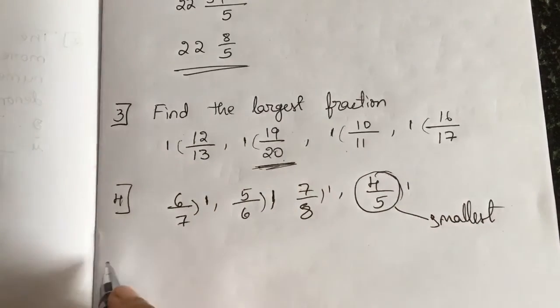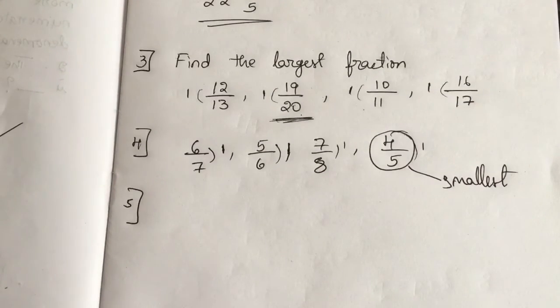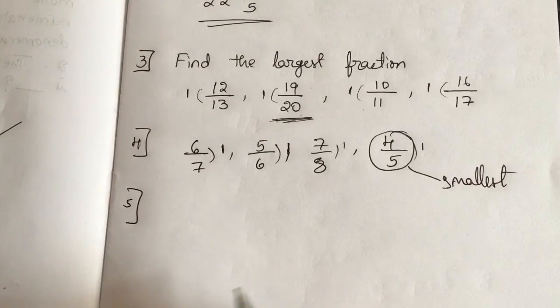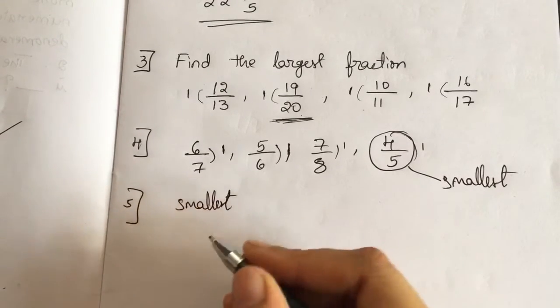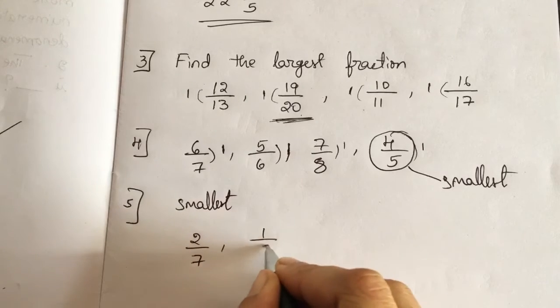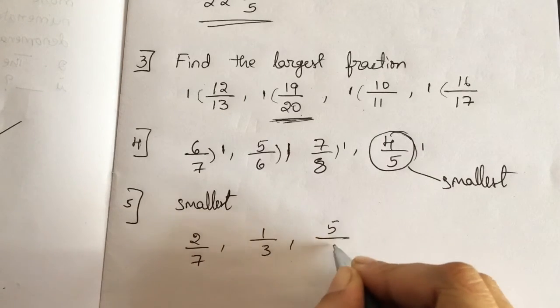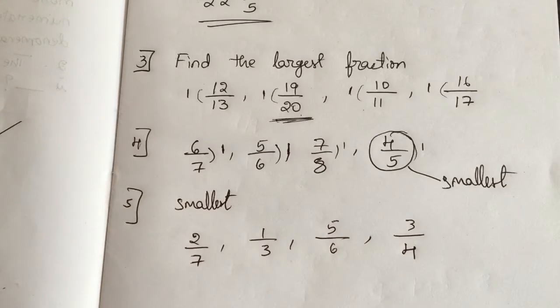Okay, so I'll take up one more example. Say, find the smallest one: 2 by 7, 1 by 3, 5 by 6, and 3 by 4.